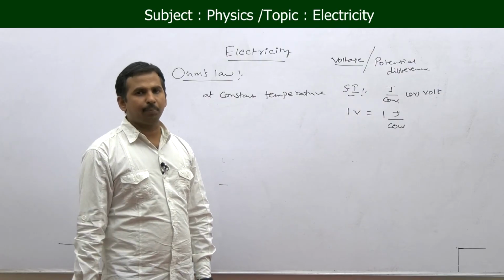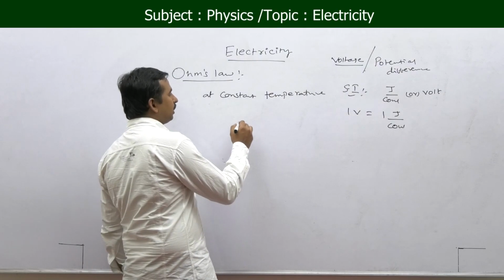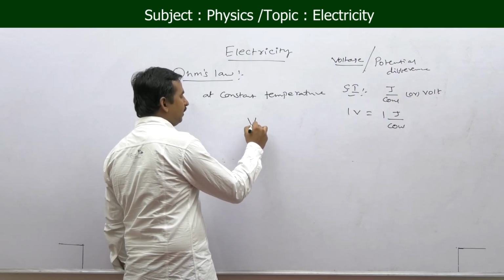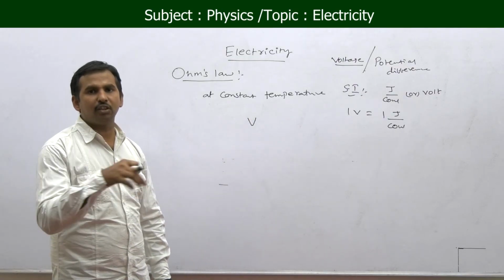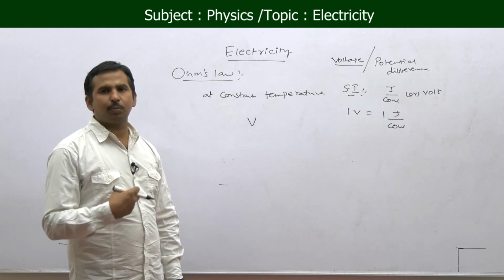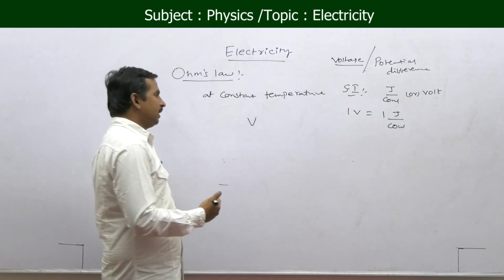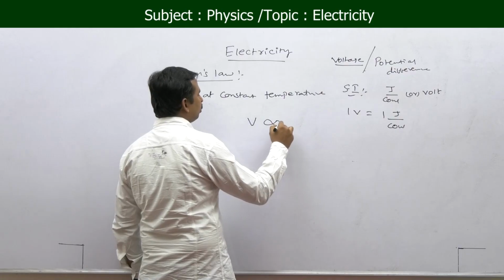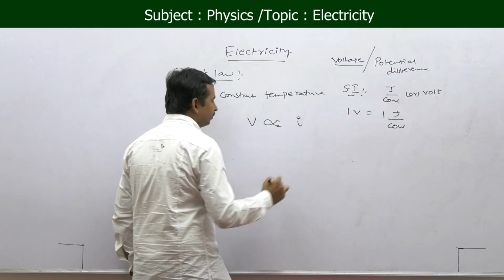At a constant temperature, whatever potential difference V we apply, meaning the work done on the unit charge, is directly proportional to the current drawn.